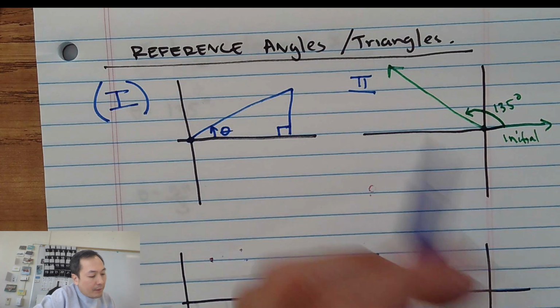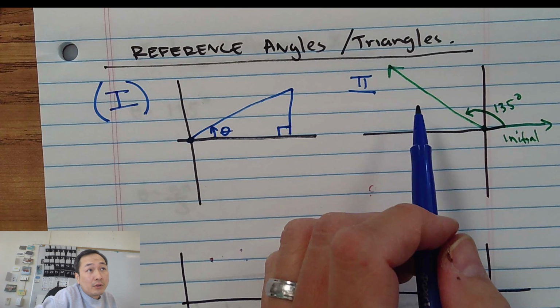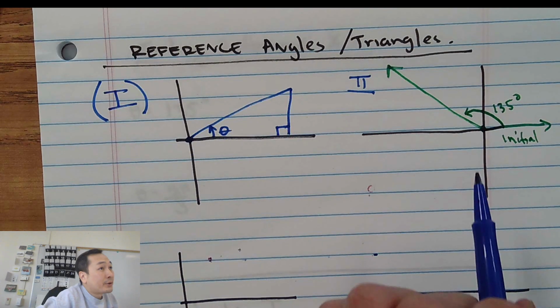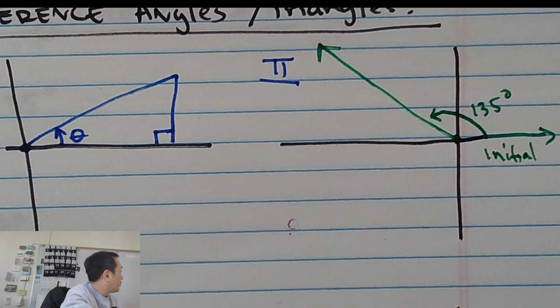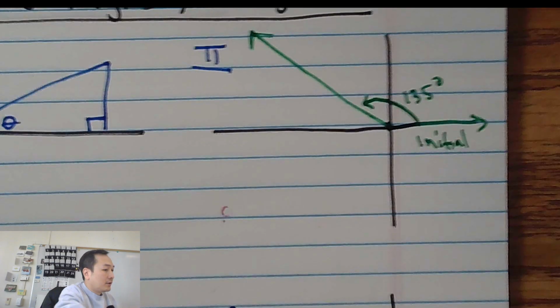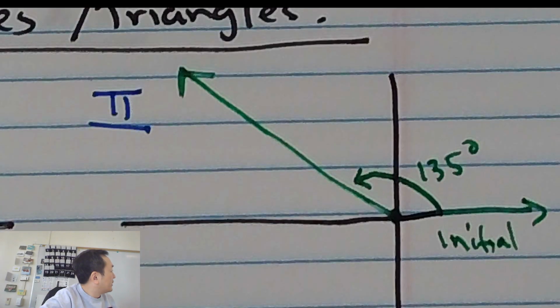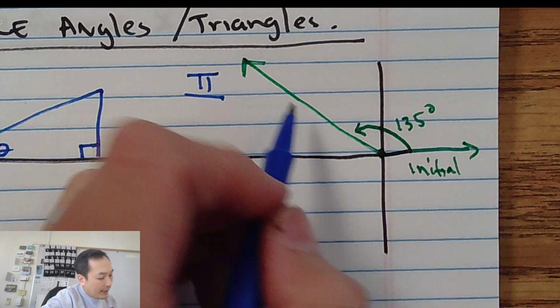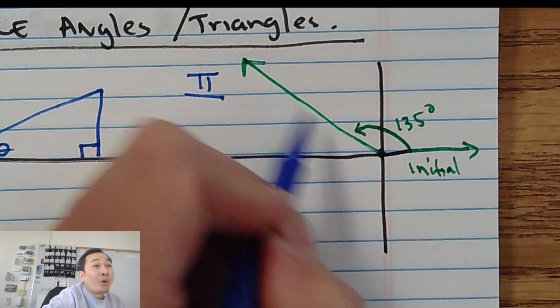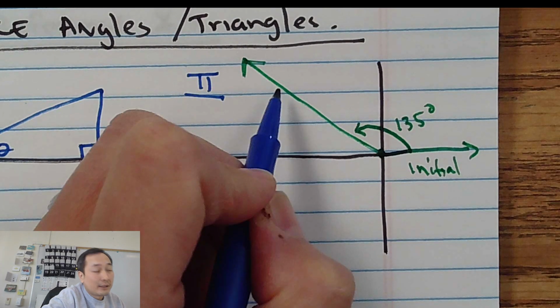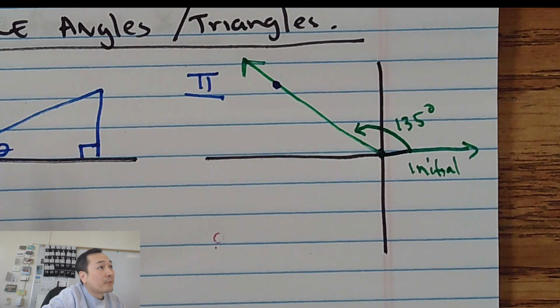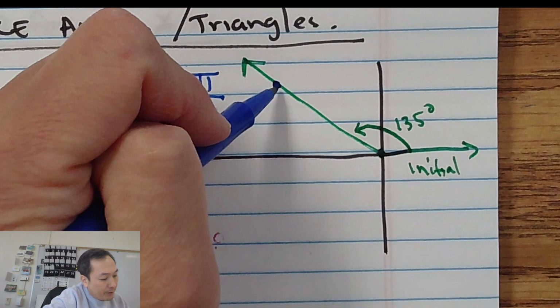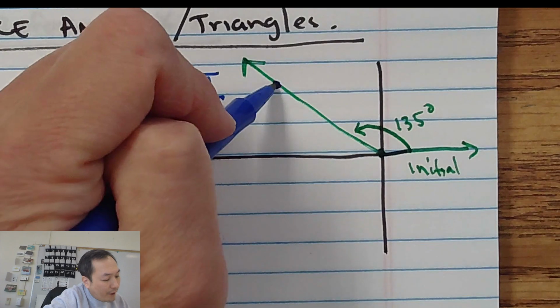My reference triangle will always be created by picking a random point on my terminal side. Doesn't matter. And making that perpendicular segment from the terminal side to my x-axis.